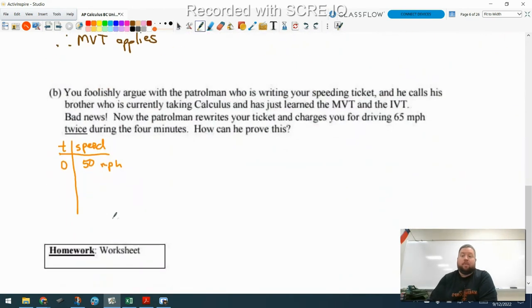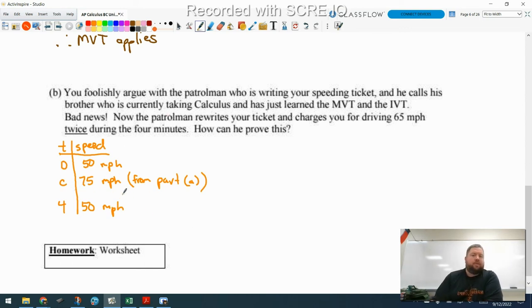All right, and then 4 minutes later, we were going 50 again. All right, and then I know at some time, we'll call it C, in between the 0 and 4, we were going 75 miles per hour. Then I'm going to put "from part A" right there, just to tell the person reading my work that that's where I got that number from.